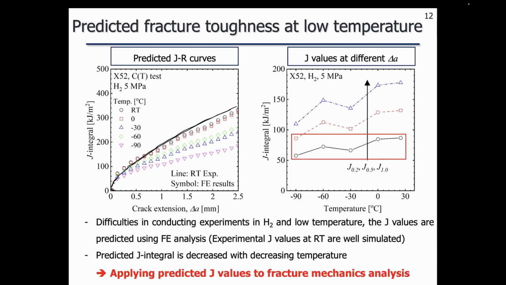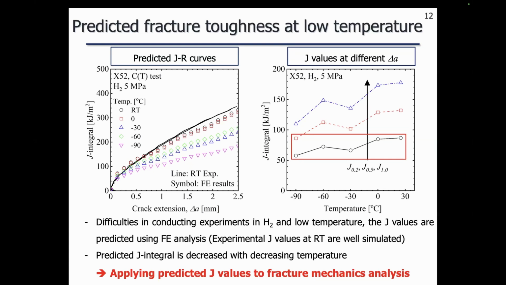And as a result of virtual fracture toughness test, the left figure shows the simulated JR curves, and the right figure shows the J integral values for various temperatures. In the left figure, the black line indicates the experimental JR curves at room temperature.